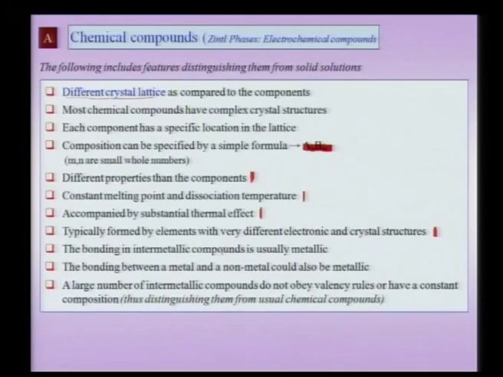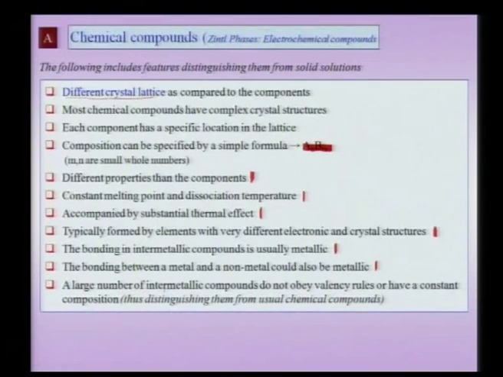The bonding in the intermetallic compound is usually metallic, but the bonding can change quite a bit on formation of the compound. There is also a possibility that the bonding between a metal and a non-metal could also be metallic. In other words, even though the second component in the intermetallic compound is a non-metal, the properties of the compound which has formed could be metallic.